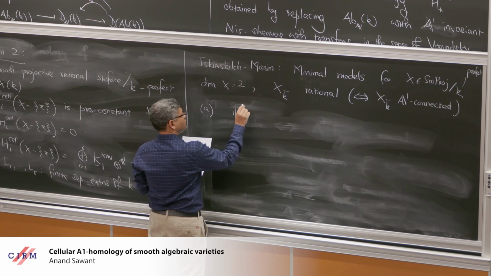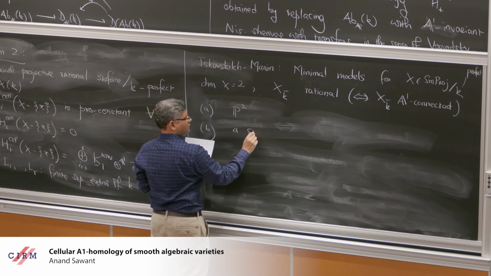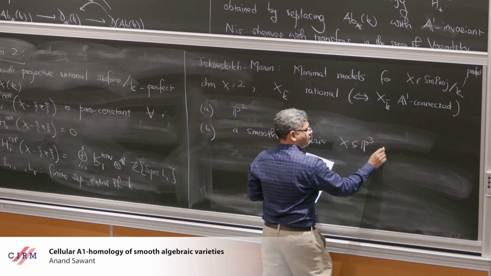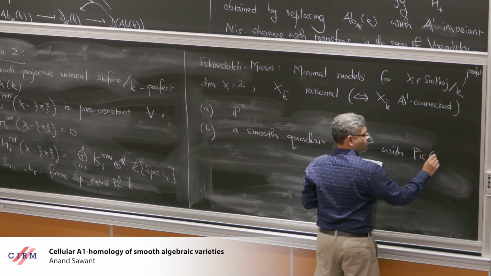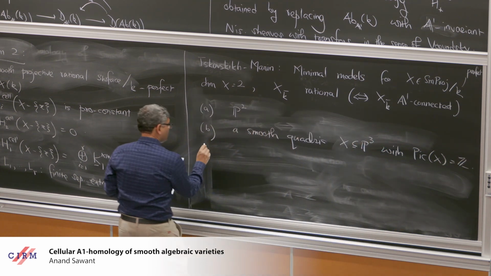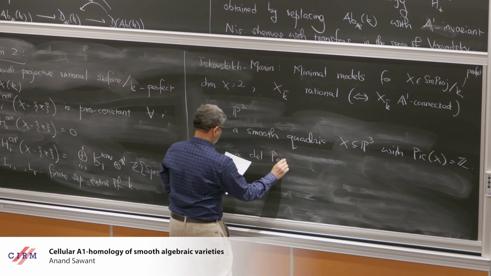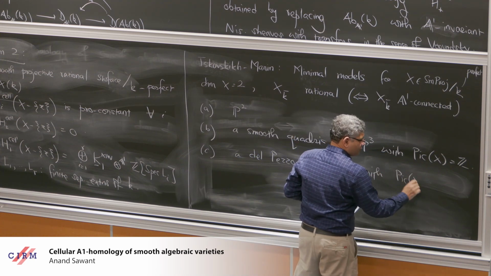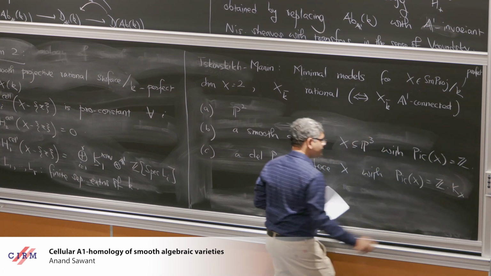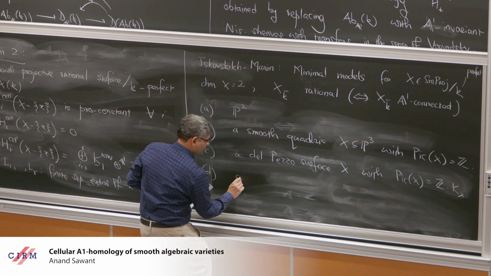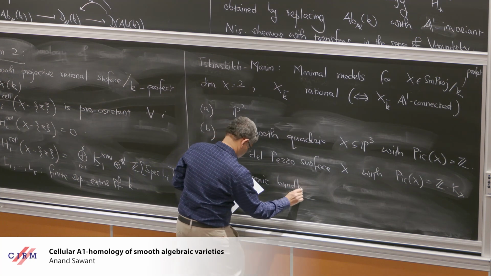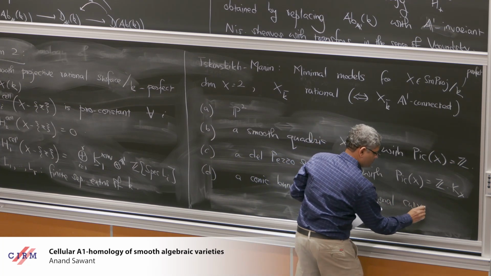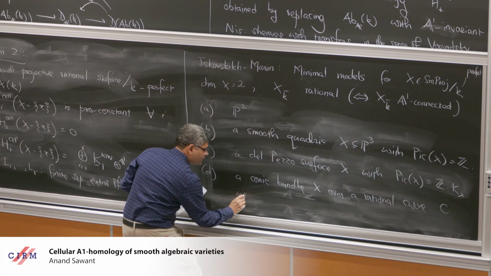So it's either P2, or a smooth quadric in P3 whose Picard group is Z, or it's a del Pezzo surface with again the Picard group Z, but generated by the canonical class, or a conic bundle X over a rational curve C with Picard group Z direct sum Z.